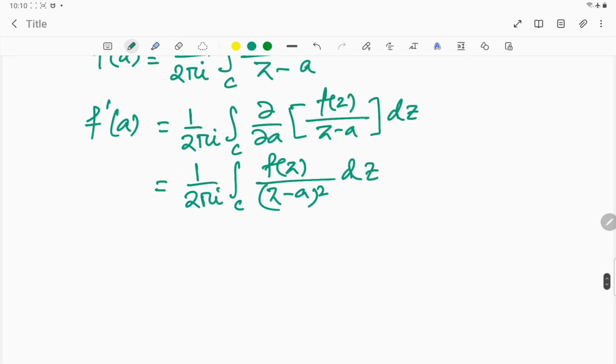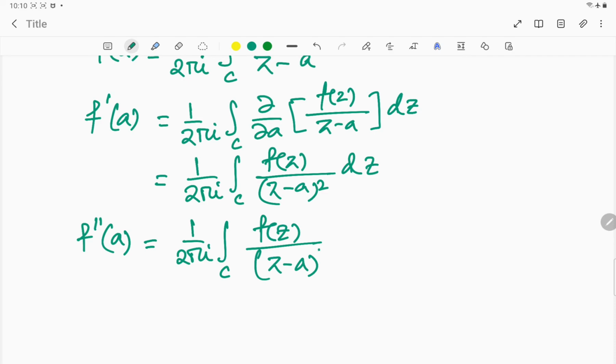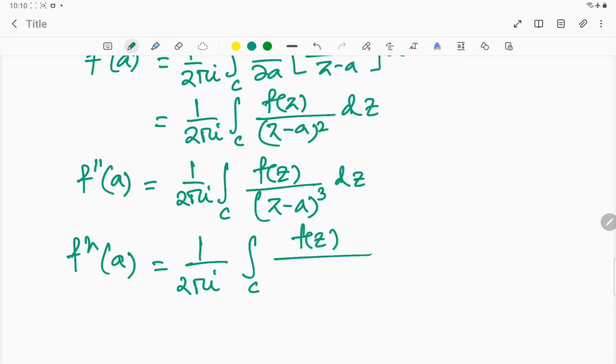So similarly you can find the double derivative. So f double prime a is equal to 1 by 2 pi i integration over C of f(z) divided by (z minus a) whole cube dz. Hence you can say f^n(a) would be equal to 1 by 2 pi i integration over C of f(z) divided by (z minus a)^(n plus 1) dz.